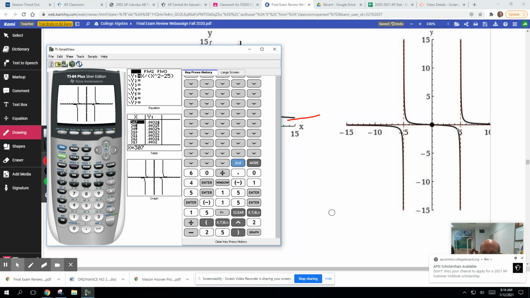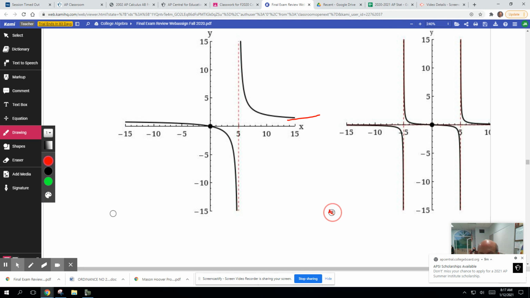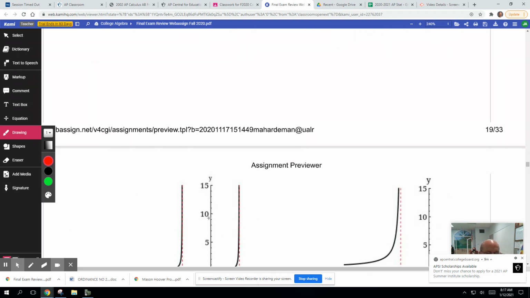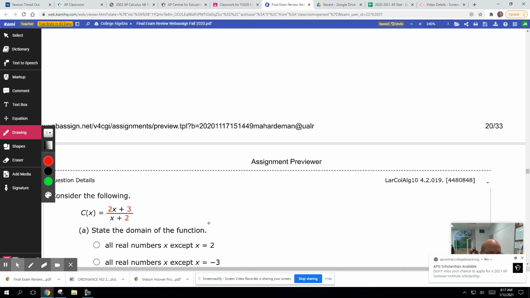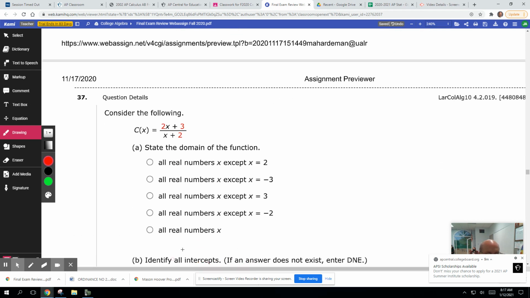This looks like we have vertical asymptotes at 5 and -5, and it crosses the x-axis at 0, 0. This is what ours looks like. I can't blow the screen up, but this is the graph. And that is number 36.